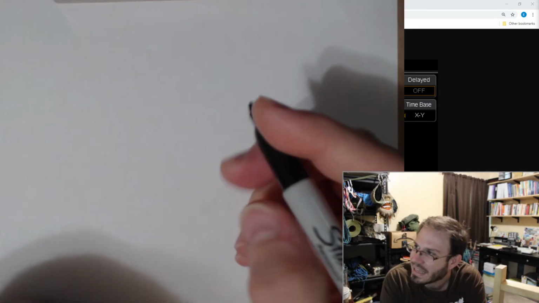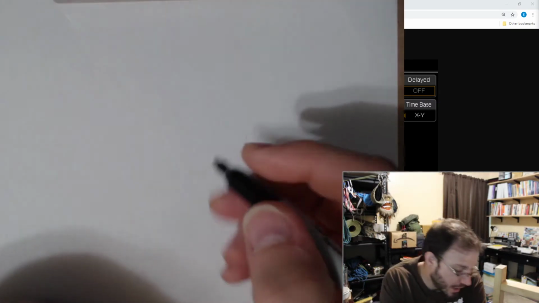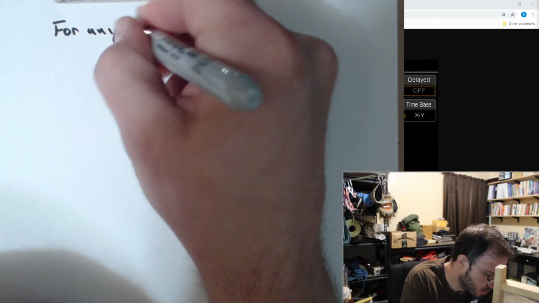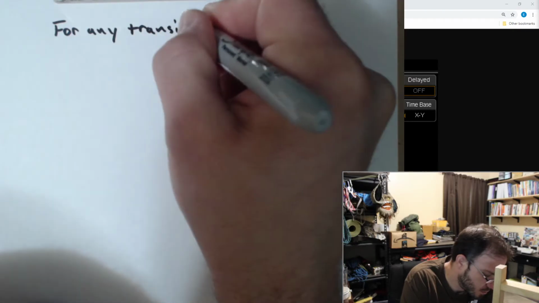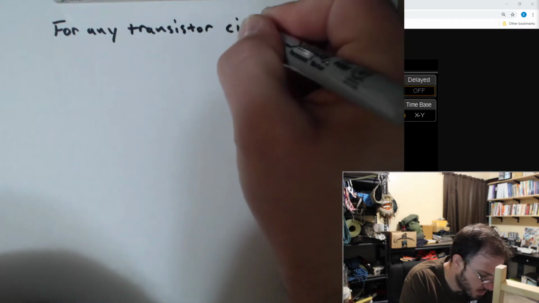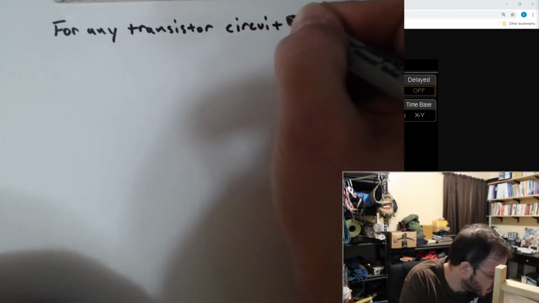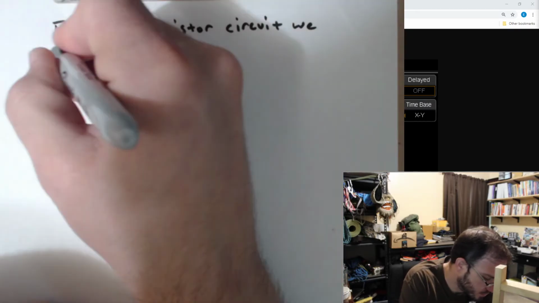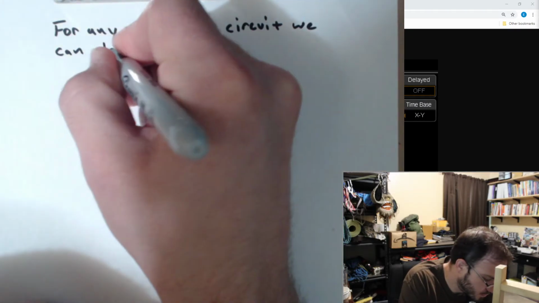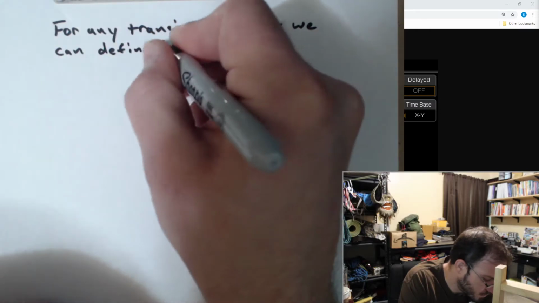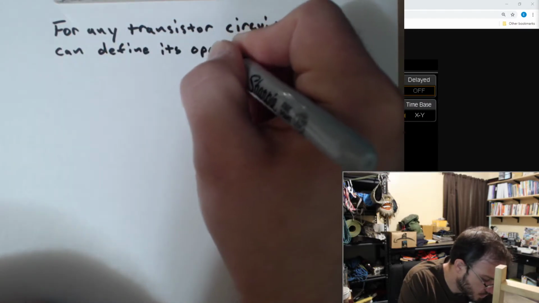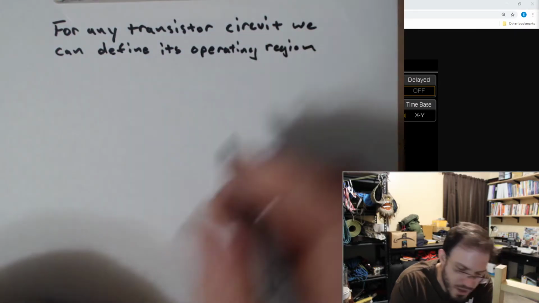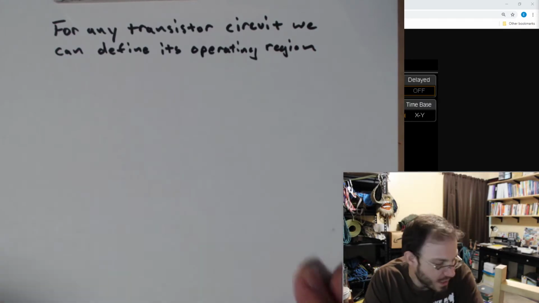For any given transistor in a circuit, we can define its operating region.